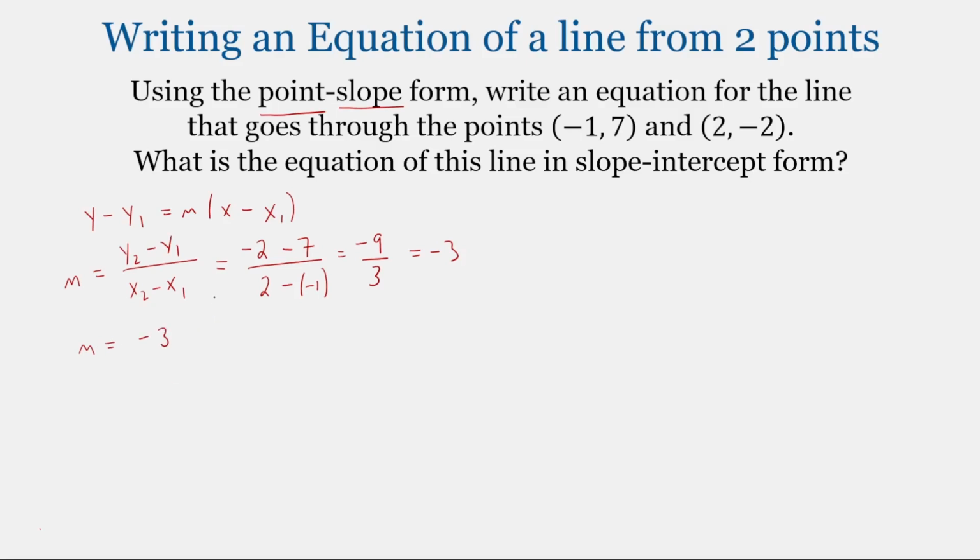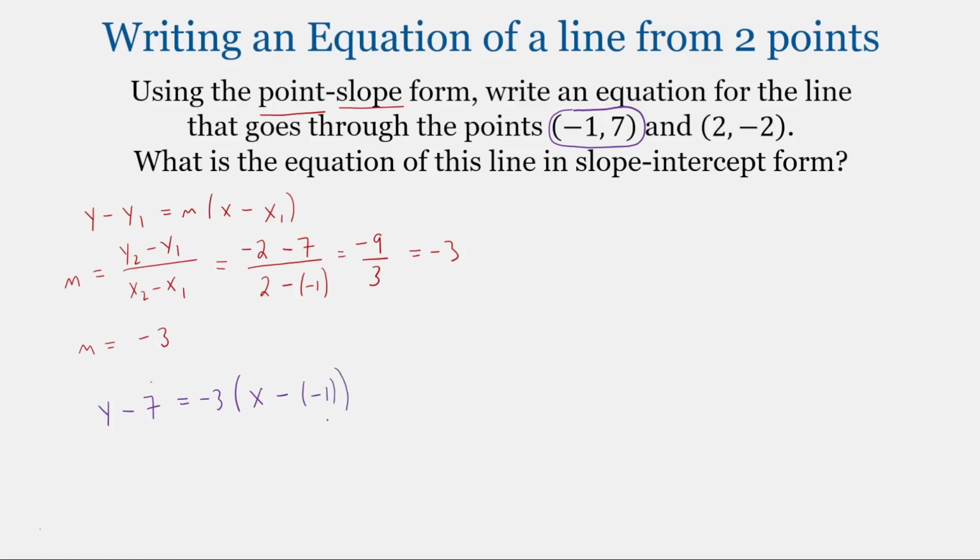So now let's write this equation using that point-slope form. For right now, I'll go ahead and take this first point that we have listed. This will give us y minus 7 equal to -3 times x minus -1.